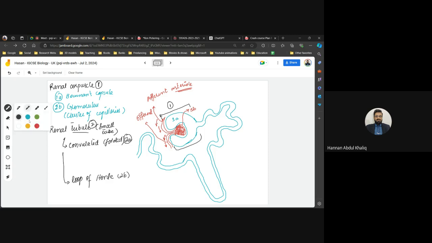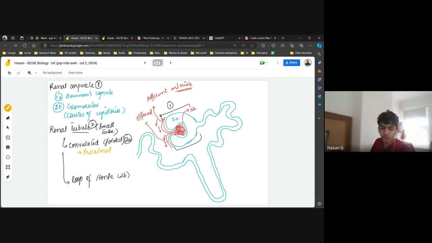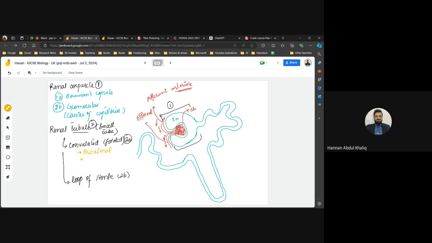Now, obviously, the convoluted tubules are further divided. One is called proximal. What is the meaning of proximal? Like in close proximity. Very close to a reference point.